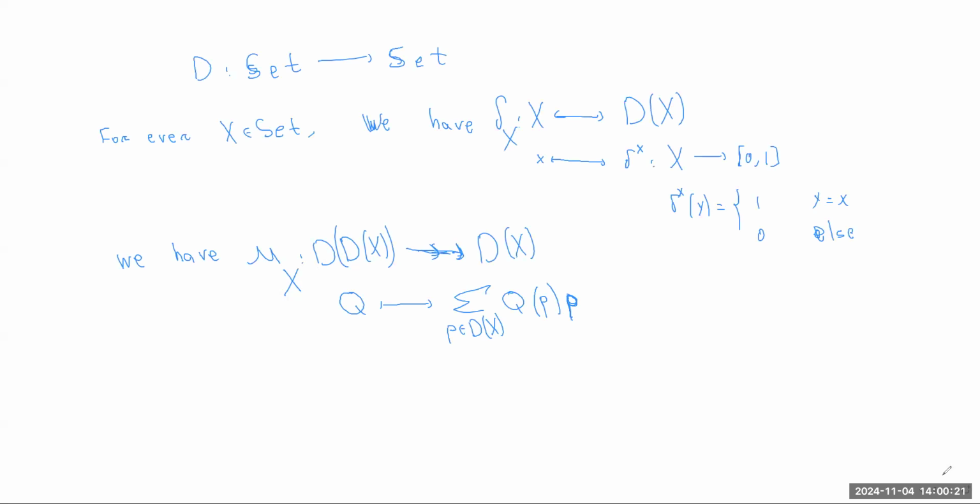If we take D of D of D, three times on X, and we apply first mu of DX, because there are twice, this way we will go to DX.